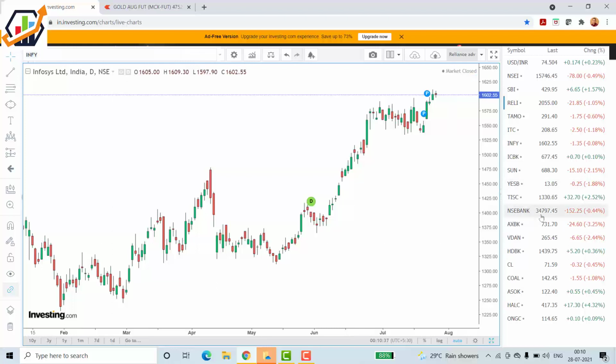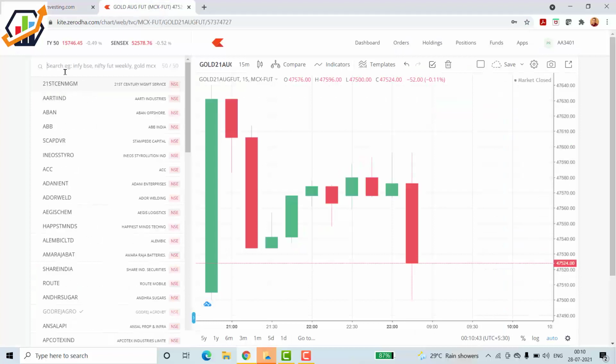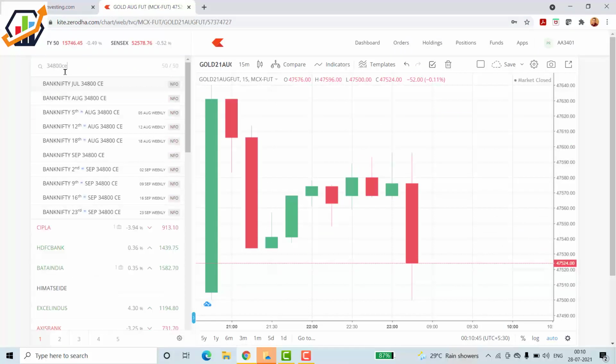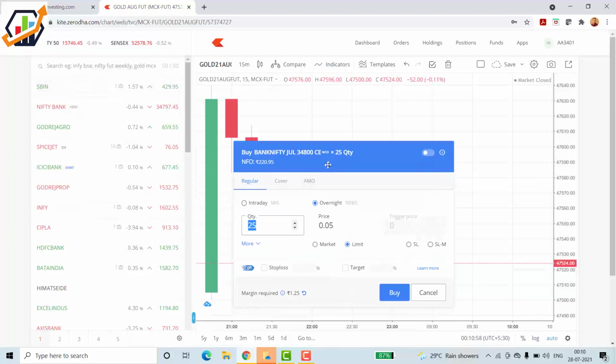Bank Nifty is around 34,797, and if you put 34,800 CE and you say Bank Nifty, then you'll find the July 34,800 CE is there. You can buy it. If you want to buy it, then you have to pay the premium. If you want to sell it first, that is if you're going short, then you have to arrange for the entire margin, which is quite high.